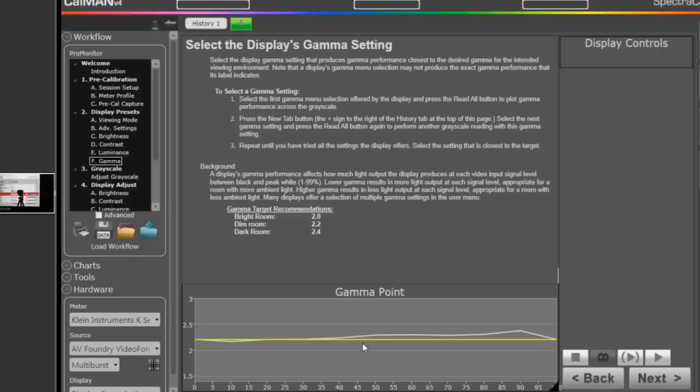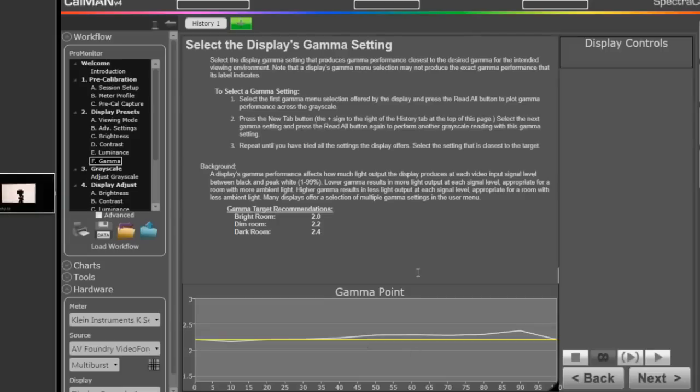We would simply select a different setting in the software, and then we can plot the performance of that. So in this case, gamma was set for medium. If I had decided that I would want a higher gamma, I can select that. I selected high.